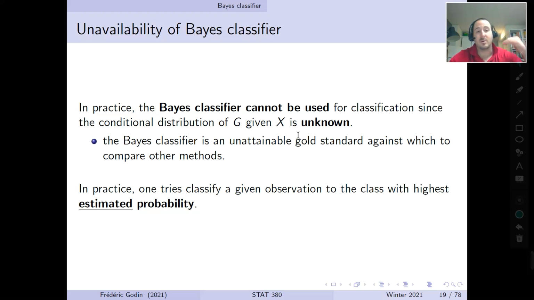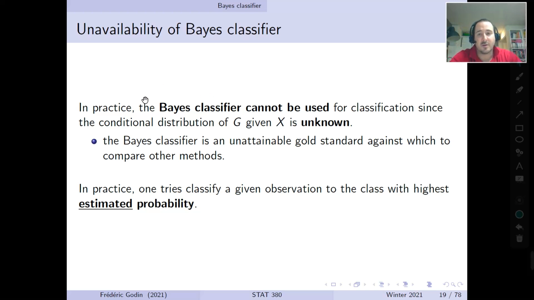When we do experiments and develop new methods, we can simulate fictitious data, and since we know how we simulated it, we know the Bayes classifier, so we can use that as a benchmark to see how the other methods compare to this gold standard.